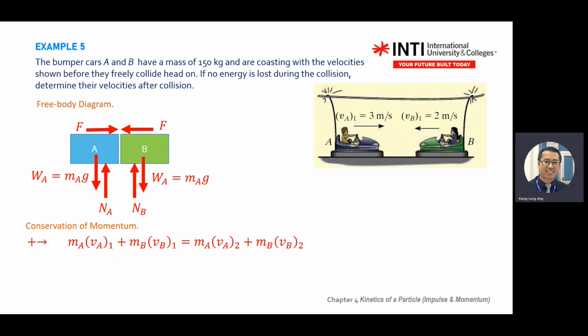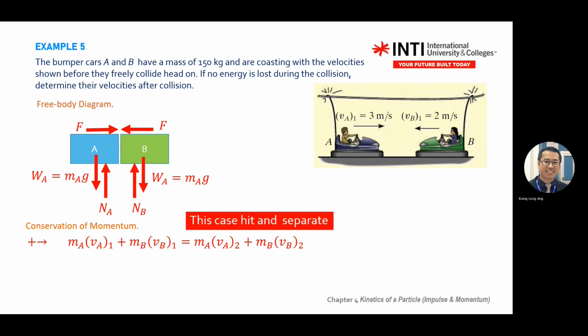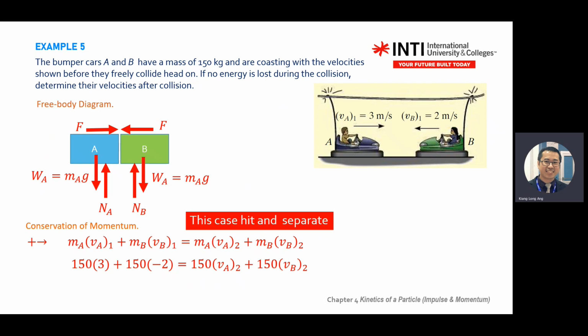What is VB, Nickel? 1 negative. Okay. So VA, you need to find. VB, you need to find. Okay. So you have 2 unknowns. You only have 1 equation. How do you solve? Just now I mentioned 1 keyword.